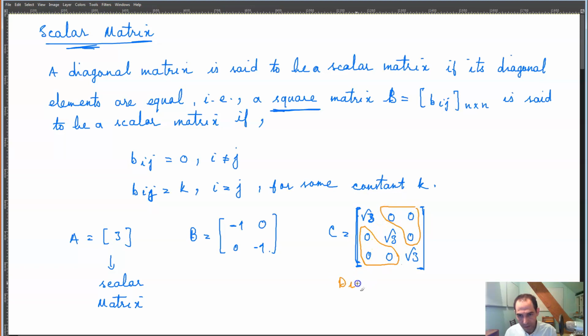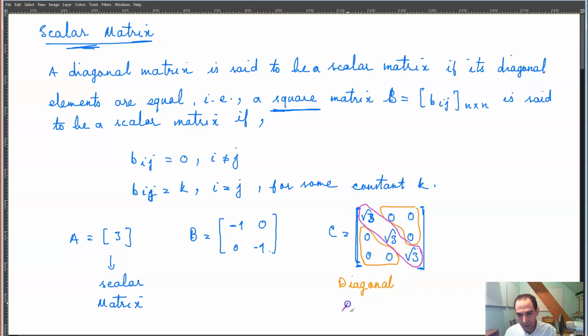So it's a diagonal matrix. And when you say diagonal matrix, it's automatically a square matrix. And then it is a scalar matrix because across the diagonal all of these elements are equal to square root of 3.